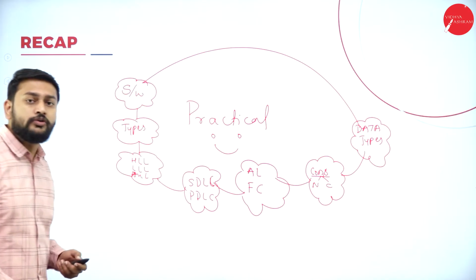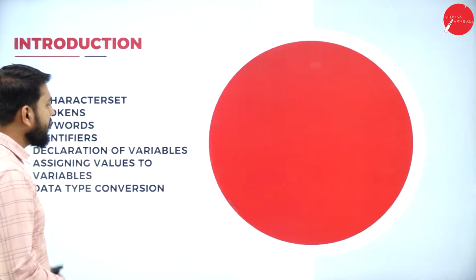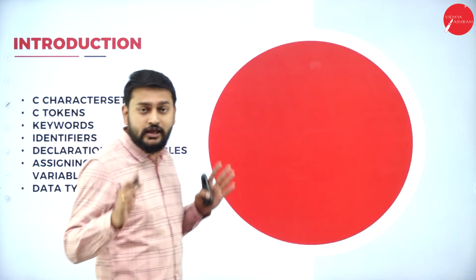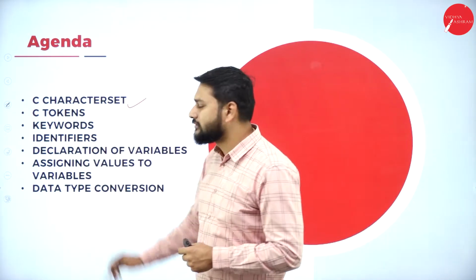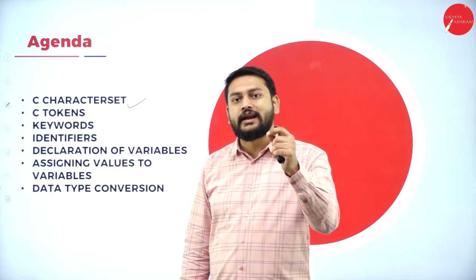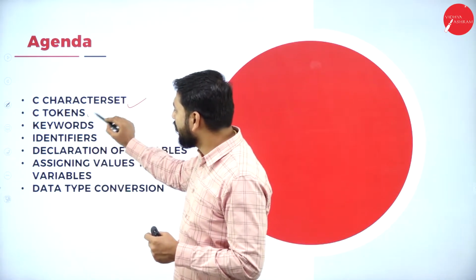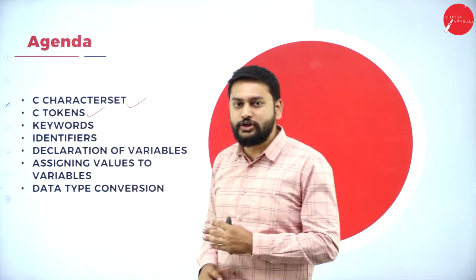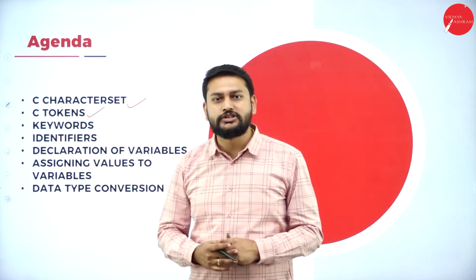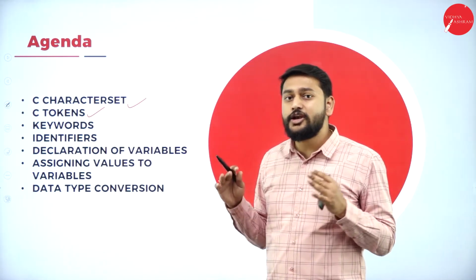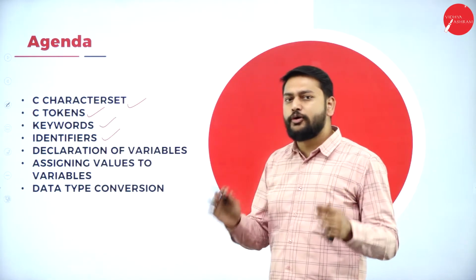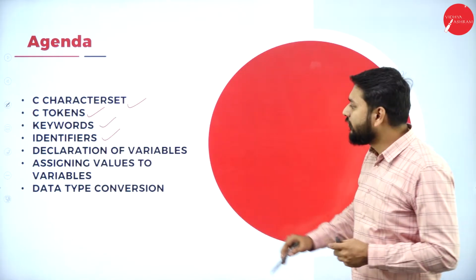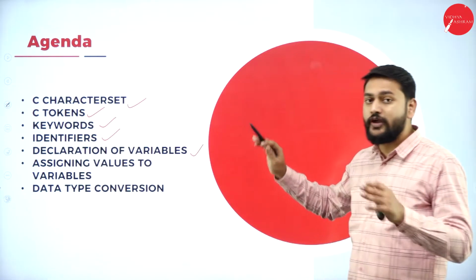So what am I going to learn in the next concept? This is what I will be discussing in this session: what exactly a character set is, and what C tokens are. When it comes to C tokens, we have different types of tokens, which we will discuss individually. We have keywords, identifiers, and also the declaration of variables.